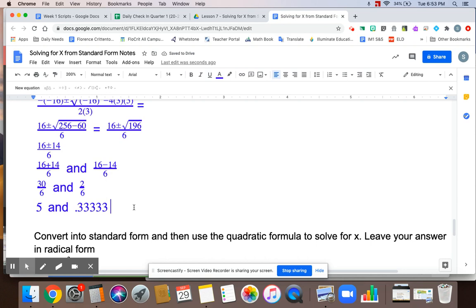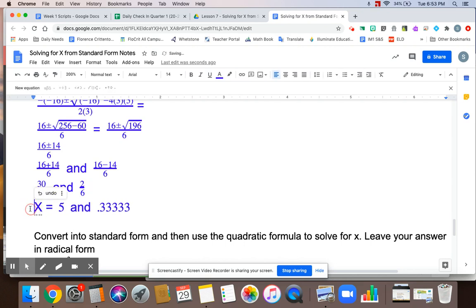Because it's a decimal, you could have just left this as 2 over 6, and I would have counted it as a good answer, but not this one, because since I could divide, you should divide. I divided and got a whole number right here.